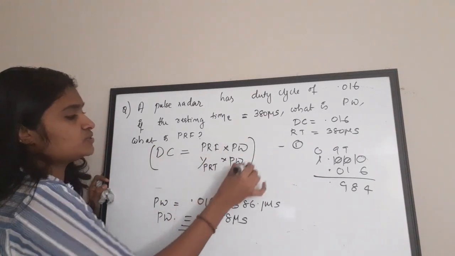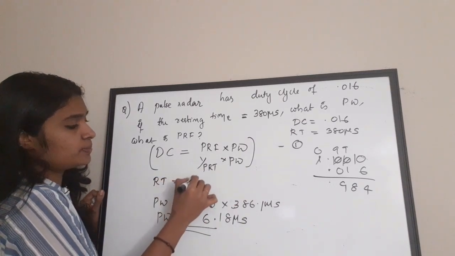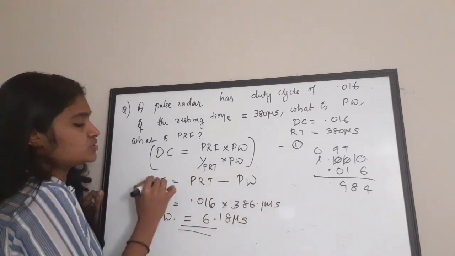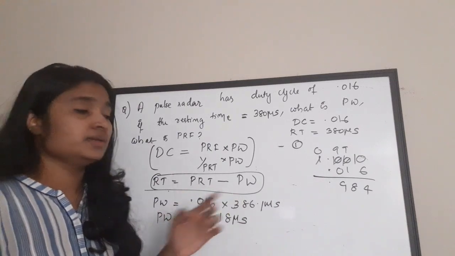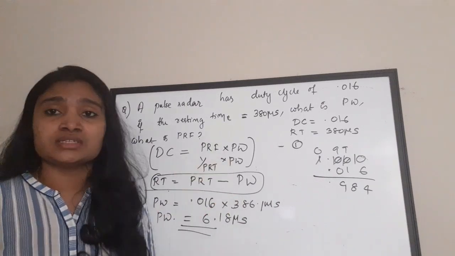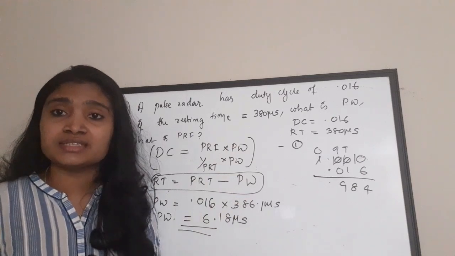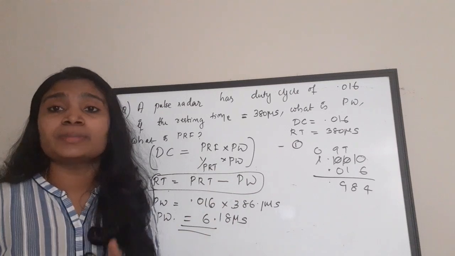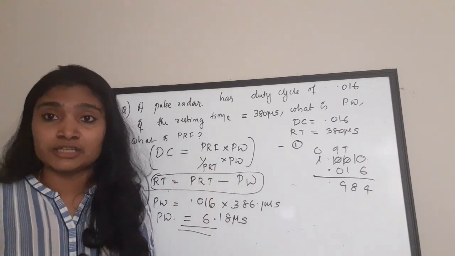So this is the equation for duty cycle, and resting time RT is equal to pulse repetition time minus pulse width. So these are the two important equations you need to study, because you can see questions being asked about the duty cycle, pulse width or pulse repetition time. Okay, so these are the questions which I have included in this video.